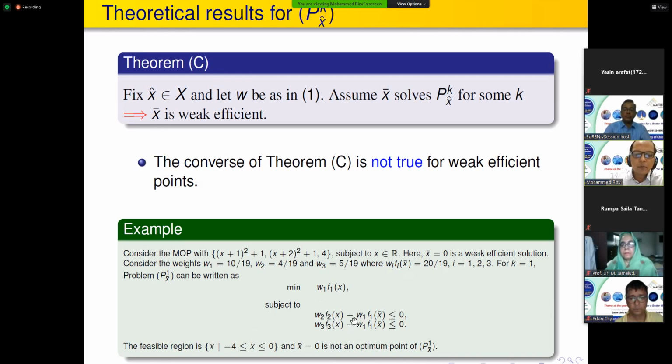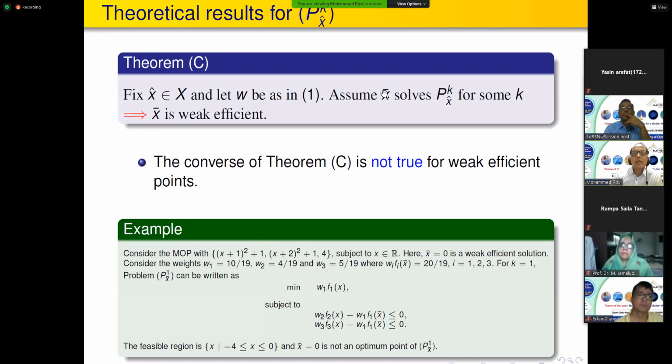We claim that x bar is an efficient solution. However, x bar is not an optimal solution of P and x1 hat, because our constraint is -4 to 0, so you can still choose -4 as a solution. So x bar is not a solution in here. It means that the vice versa doesn't hold.